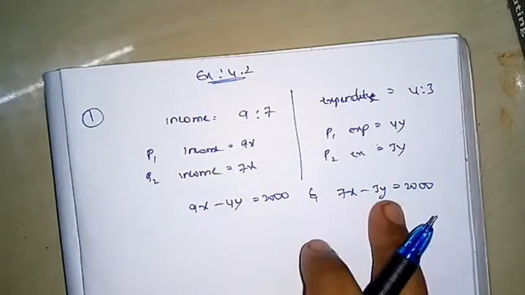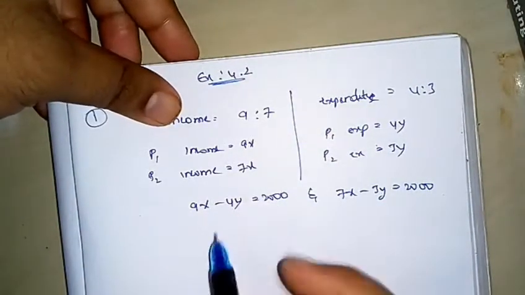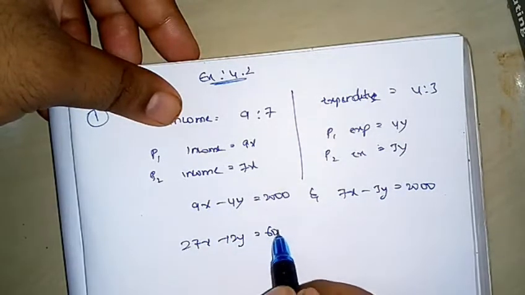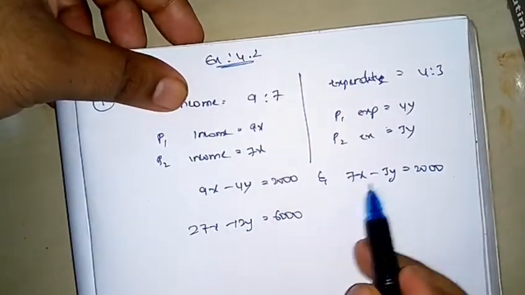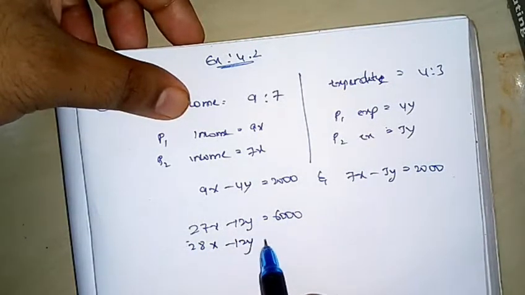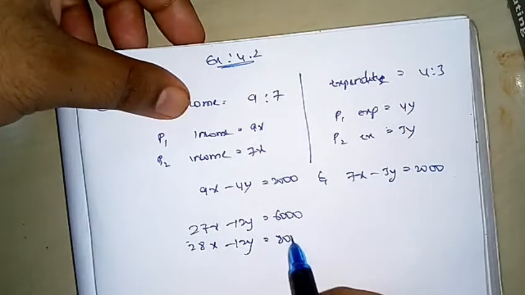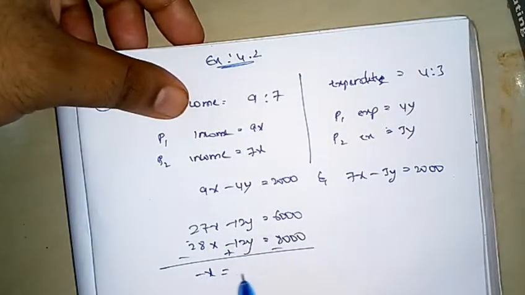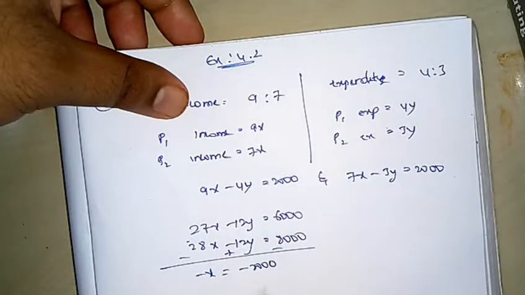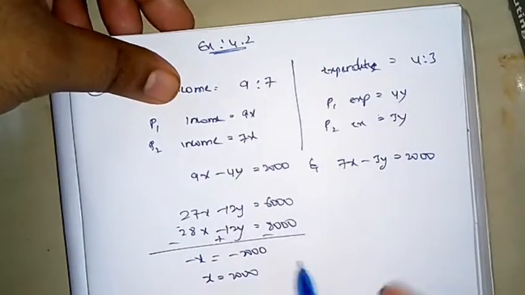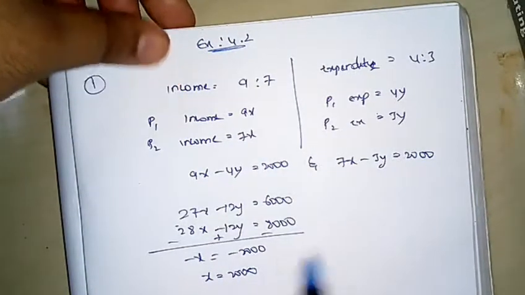Multiply the first equation by 3: 27x minus 12y is equal to 6,000. Next, multiply the second by 4: 28x minus 12y is equal to 8,000. Now subtract. You get minus x is equal to minus 2,000. So x is equal to 2,000.